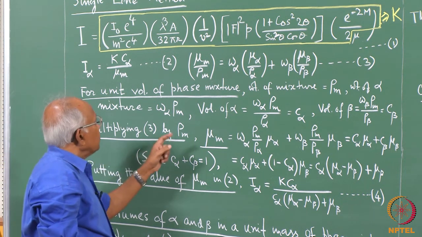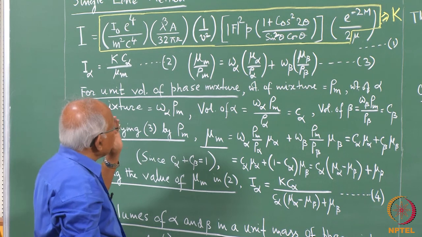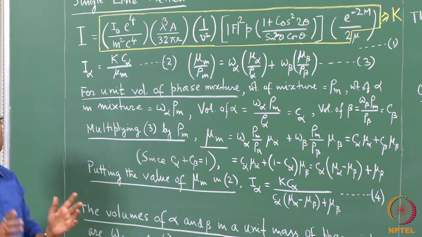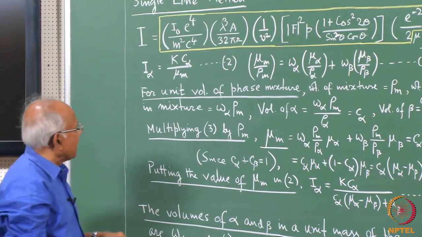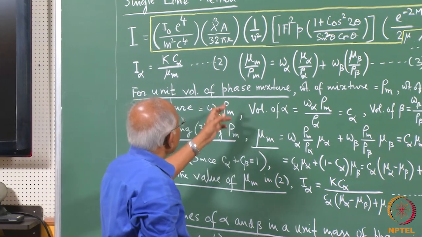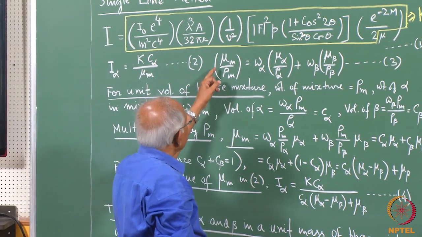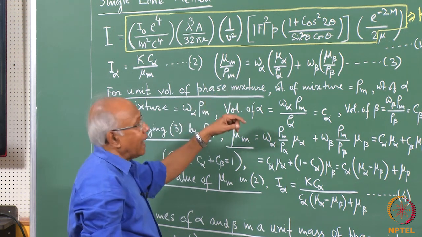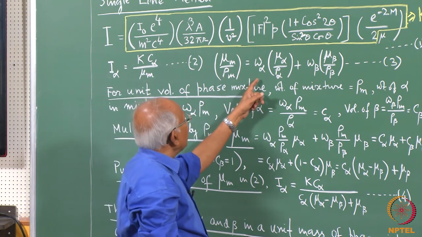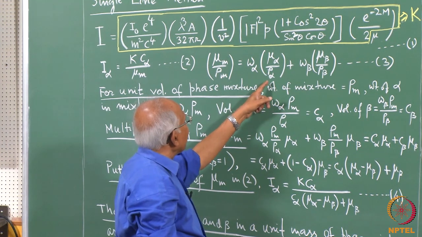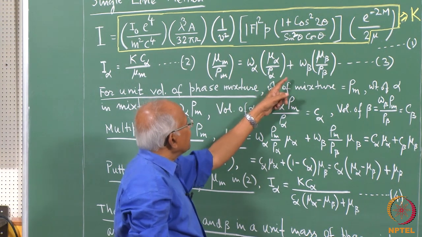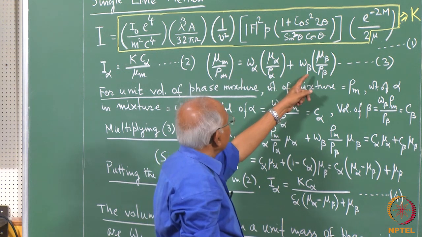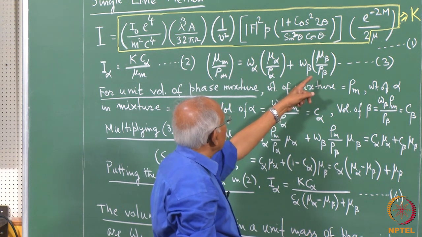Now, we know that when we are dealing with a mixture containing two phases, alpha and beta, then the mass absorption coefficient of the mixture, mu m by rho m, can be written as W alpha into mu alpha by rho alpha plus W beta multiplied by mu beta by rho beta.